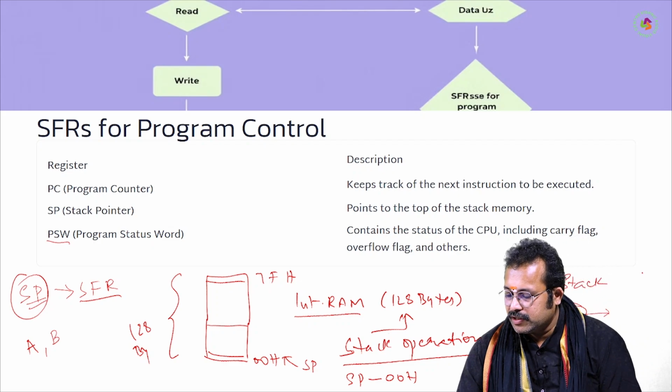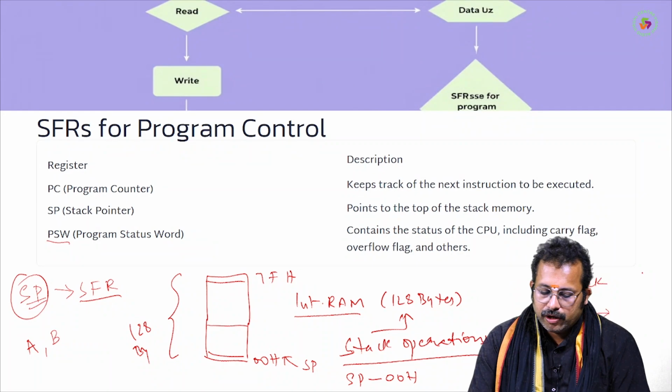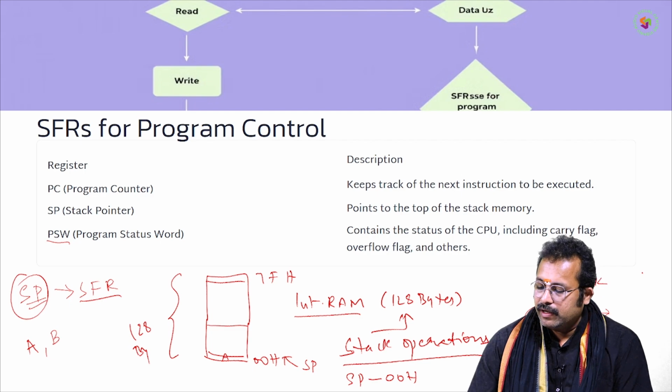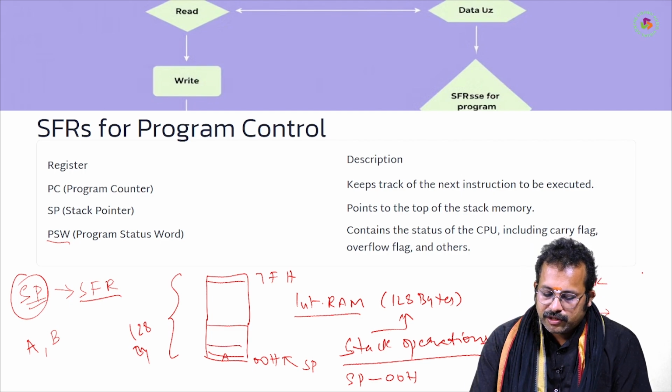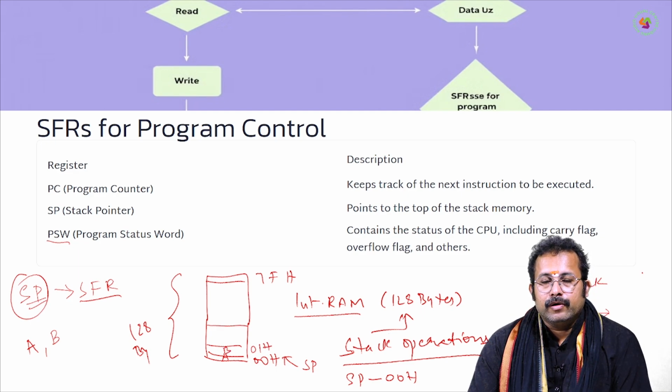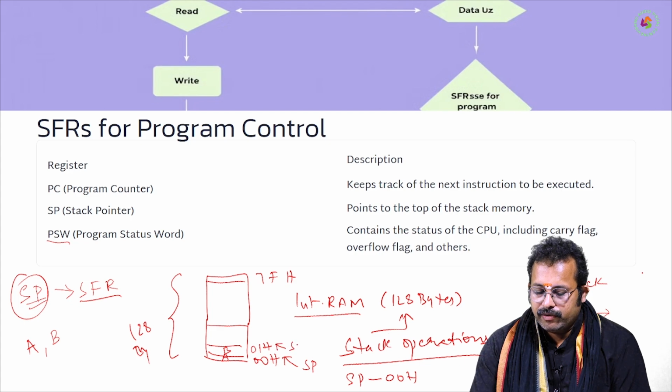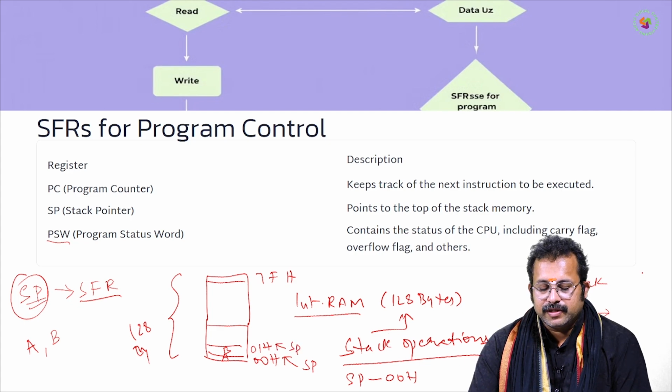If you use the instruction push A, the accumulator data will be present over here. If subsequently I use push B, the next location 01H, pointed out by SP, that means the stack pointer, will hold the B data.